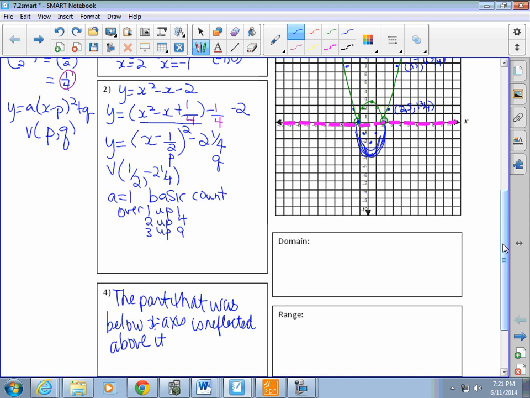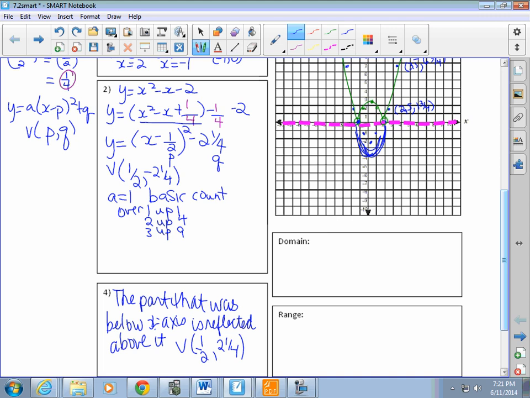So our vertex here is now at 1/2 and positive 2 1/4. Well, that's all right. It's close. I'm more at 2 1/2 than 2 1/4.